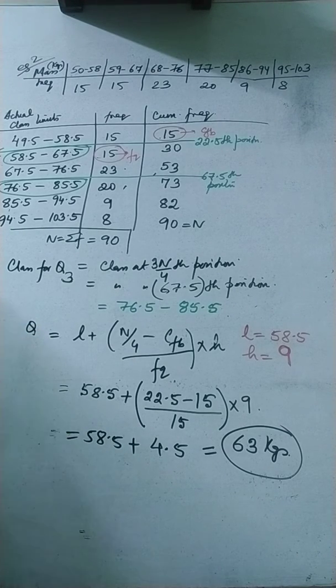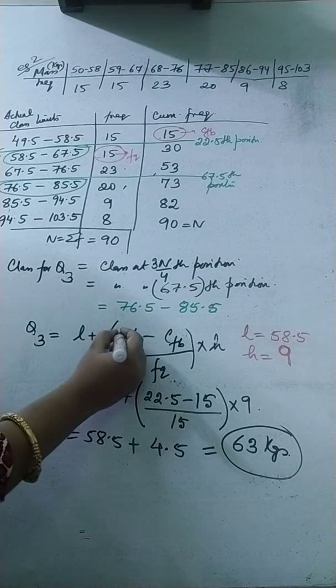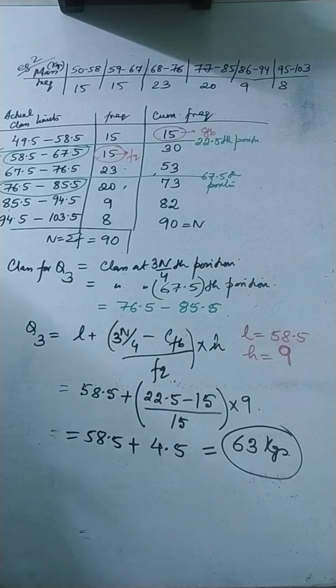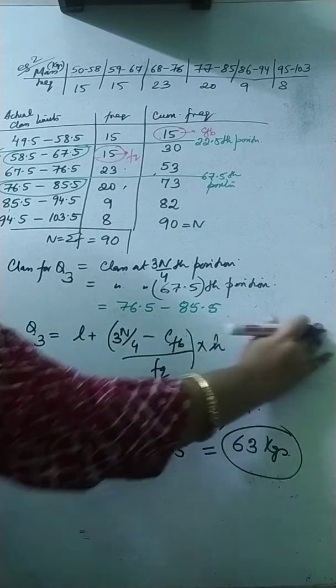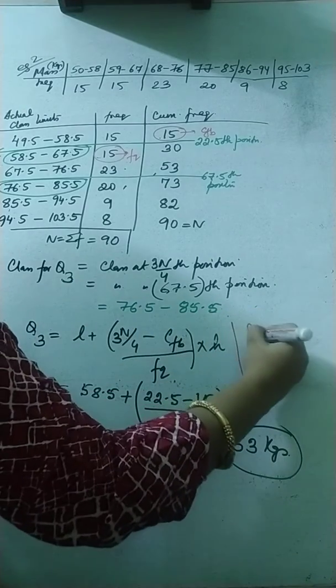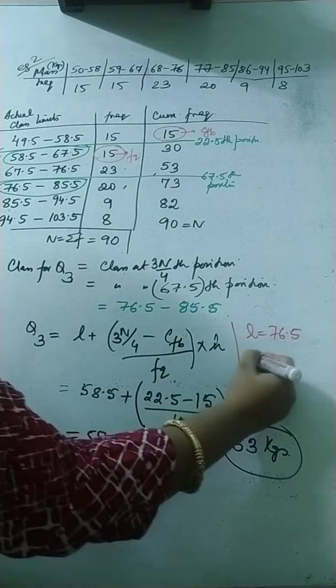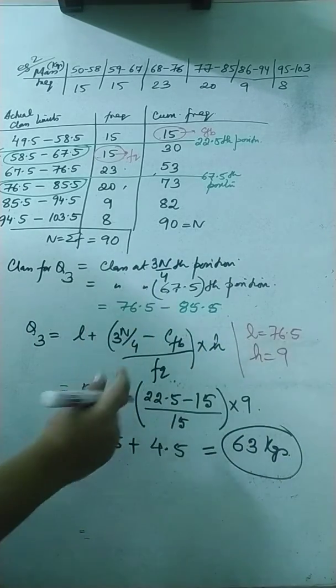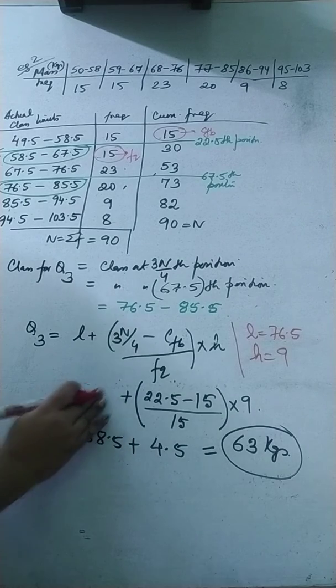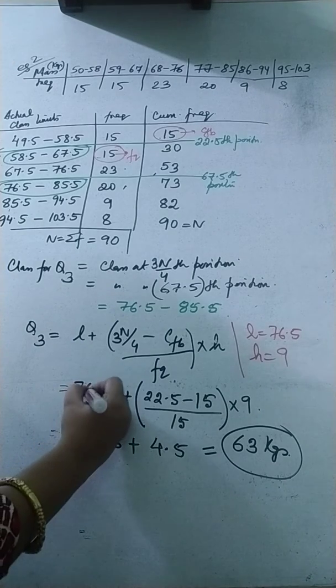Formula, what will be the change? Here it will become Q3. It is L plus, this is going to become 3n by 4, the rest of it as it is. H will be the same, L will change. L over here is 76.5, and H is still the same, it is 9. So this part will change to 76.5 plus.